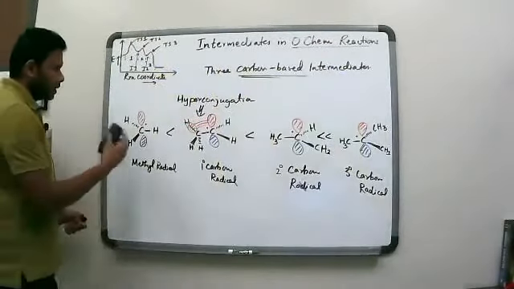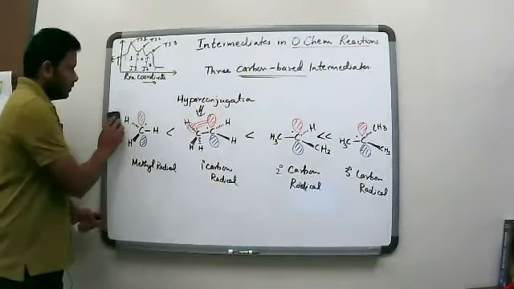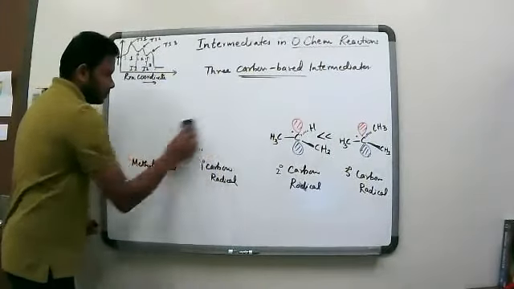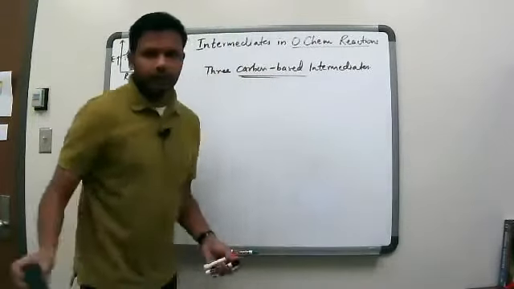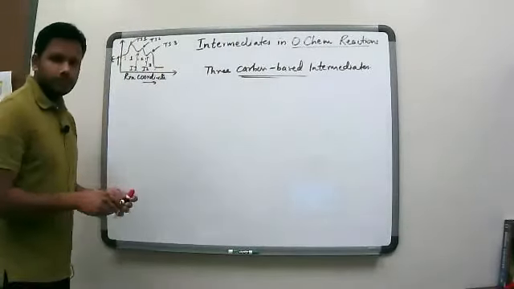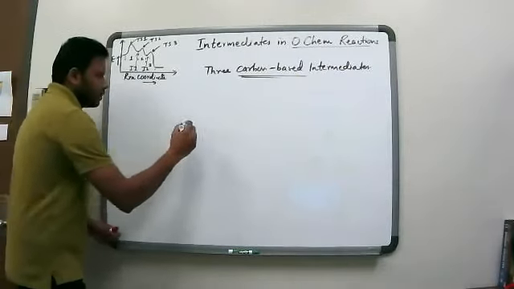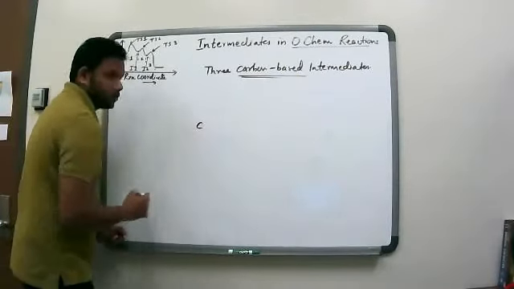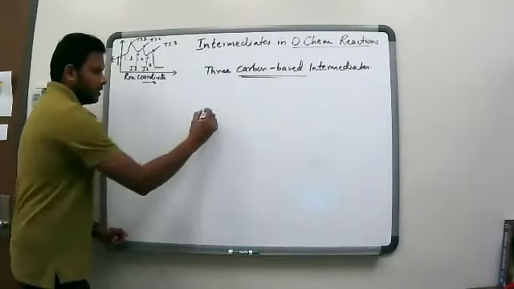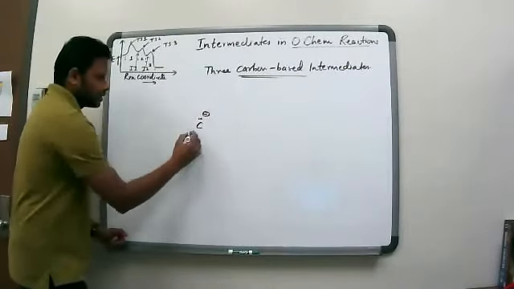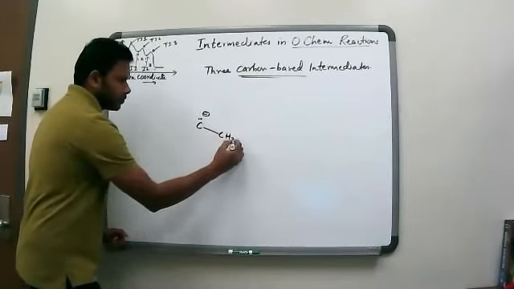Okay, now the last of the intermediates is the carbanion. Okay, that's the carbanion, and for a carbanion, now we are talking about a carbon which has a negative charge to it. So it already has electron density on it.